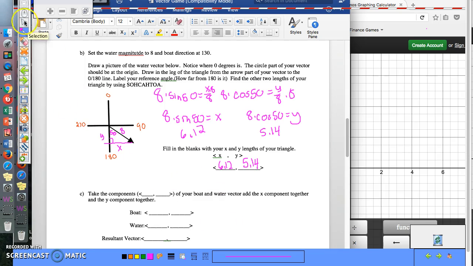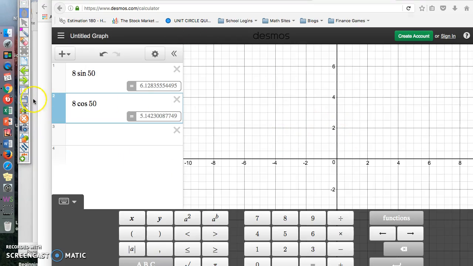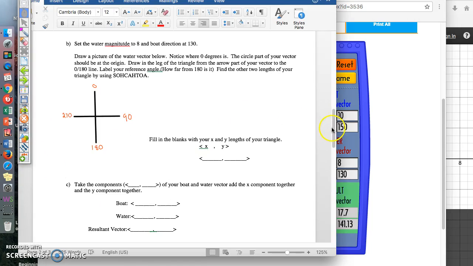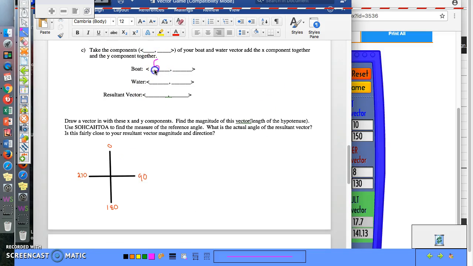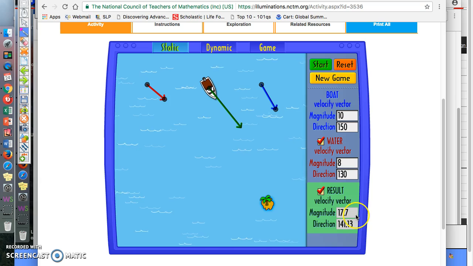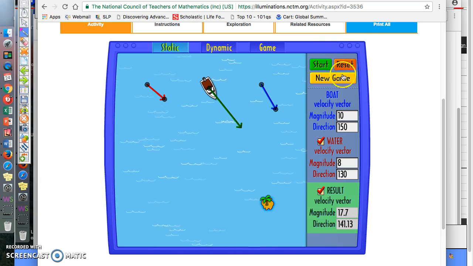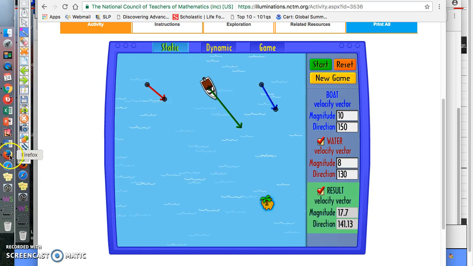And now it says you take your components and add them together. What did we have? Our boat was 5, 8.66, and the water was 6.12, 5.14. If we add them together, 11.12 and 13.8. And it said, let's take a look at our boat. What was our resultant? 17.7 and 141.13.